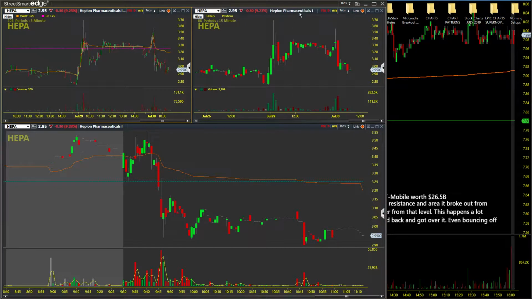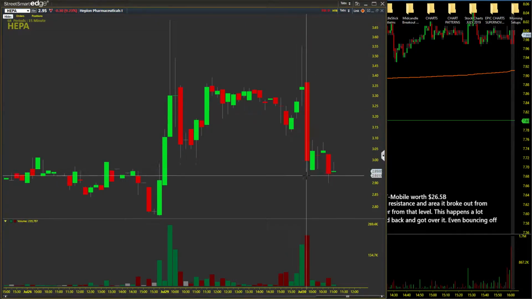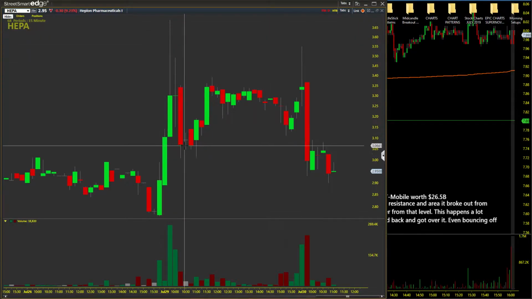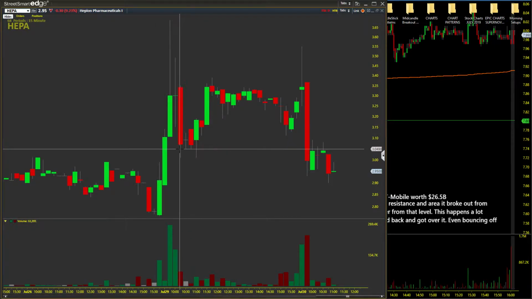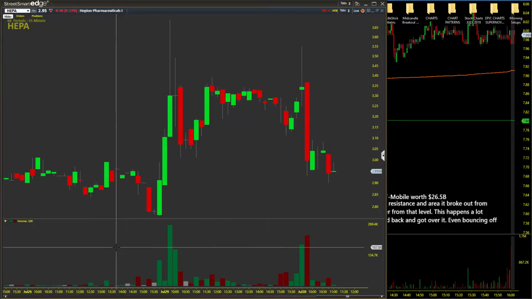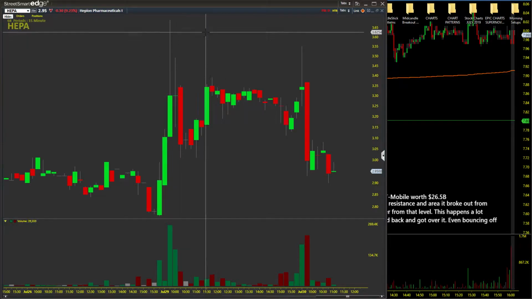Even on the 15-minute, you see it's right up here at this 350 level. Look back right here. Look at that long upper wick right there. It failed at 370 and it slammed all the way down to 305. What happened right here? Let me get my marker out.